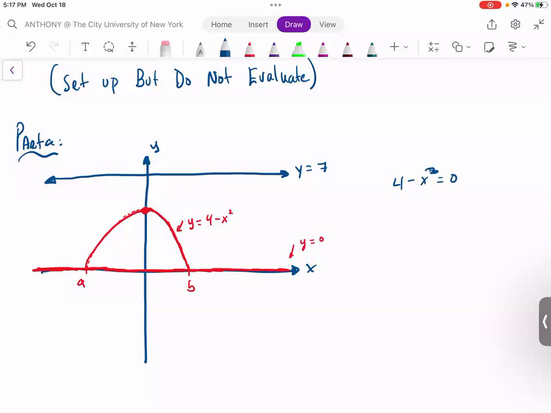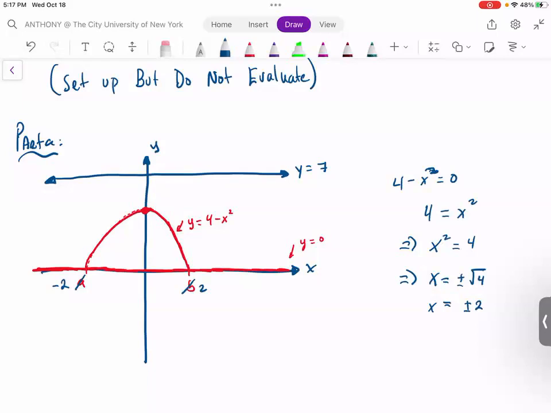You could have added x squared on both sides. So you could have said 4 is equal to x squared, which is the same thing as saying x squared is equal to 4. And then you could take the square root of both sides. You'll get x equals plus or minus square root of 4, but the square root of 4 is just 2. So these values a and b are actually -2 and +2.